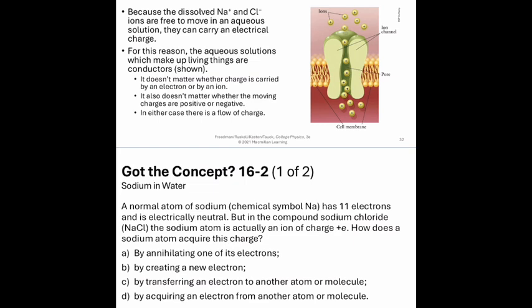It went from neutral to positive. It didn't go from neutral to negative, so we can eliminate D. And finally, the answer is part C, transferring an electron to another atom. And which atom did it transfer it to? Well, the chloride ion, right? It gave its electron to the chloride ion, and that's why chloride has a charge of minus e.